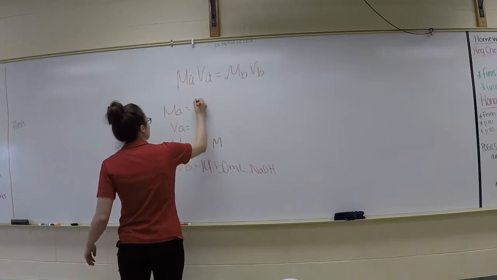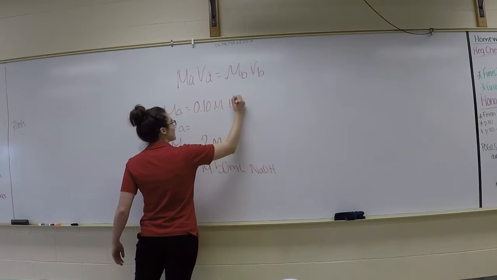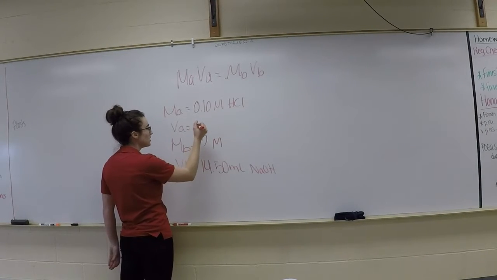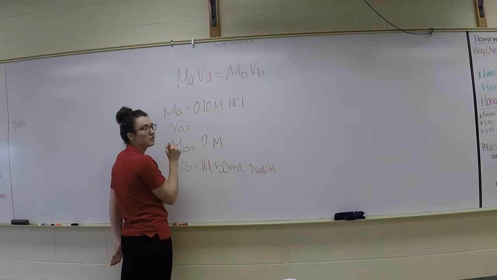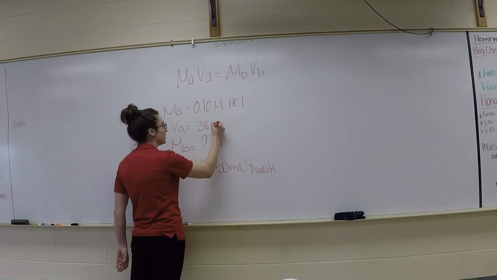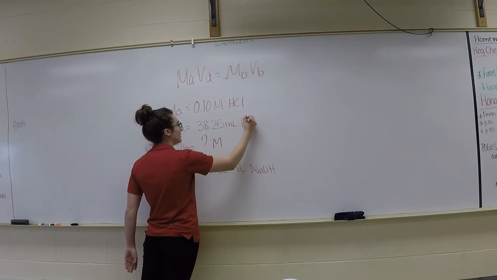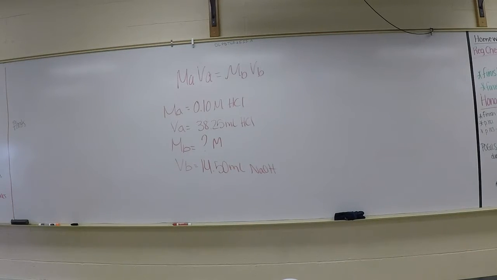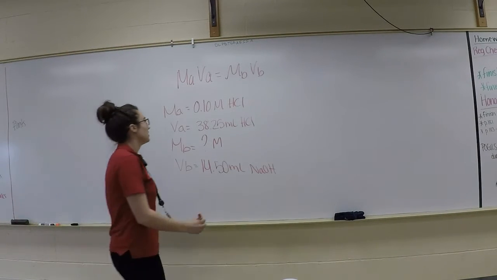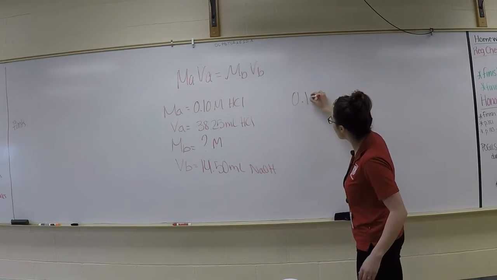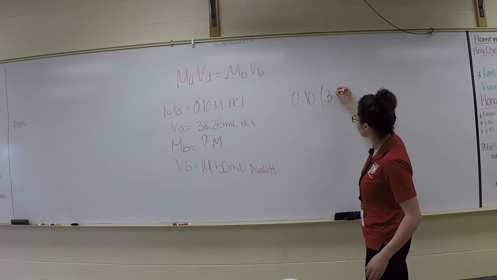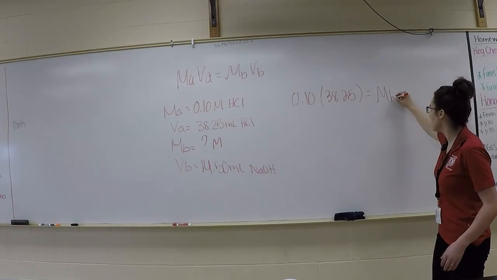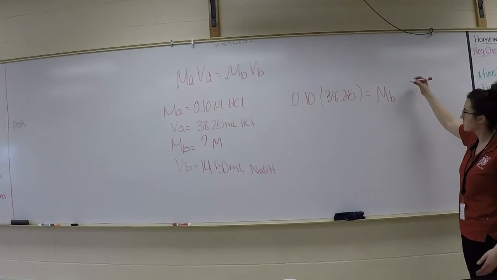All right, so it says 0.10 molar HCl, and then what volume of it do we have? 38.25. Sweet. All right, so now we just plug in our numbers and we solve for molarity. So Ma, 0.10. I'll leave in Mb because we don't know it. That's our variable we're solving for.